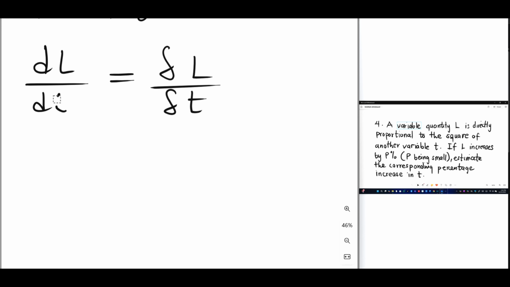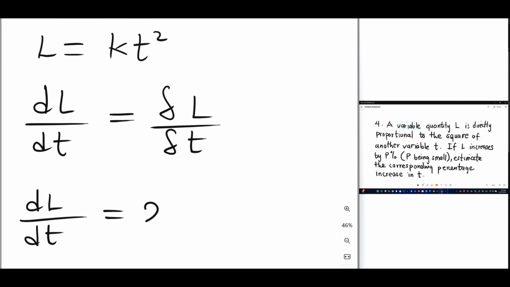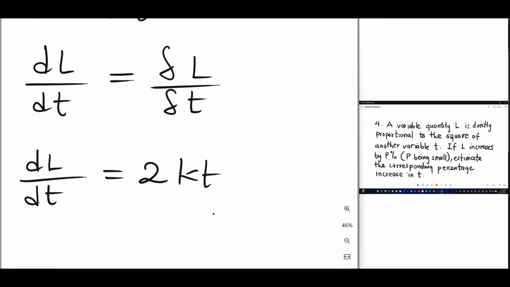So let us take the left hand side of the equation first. So we are going to find our dL/dT. And we are going to differentiate the function L with respect to T. And we are going to get the result to be 2KT. Alright, so this is our dL/dT.